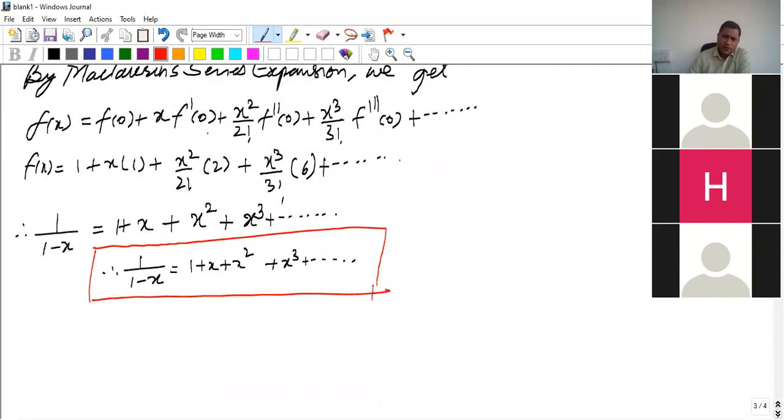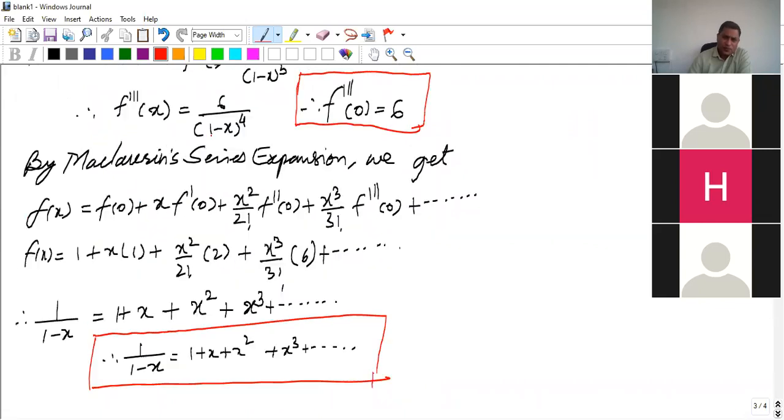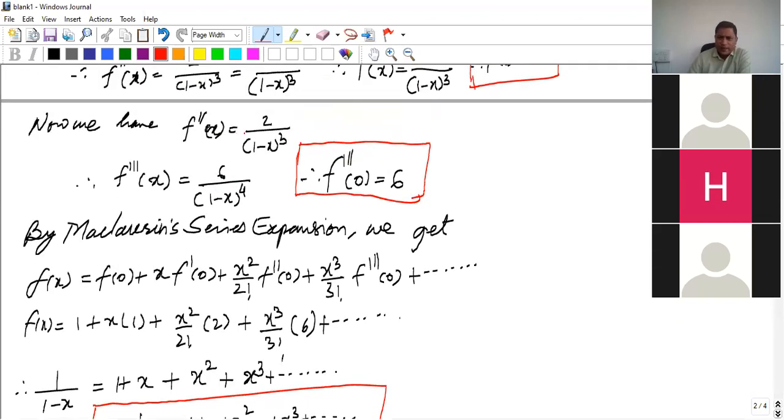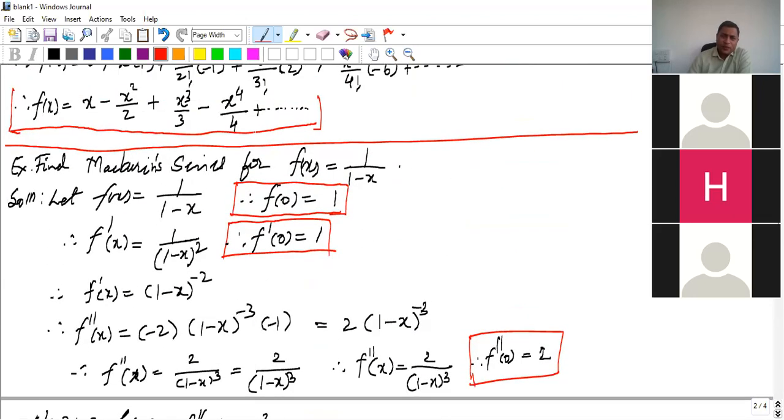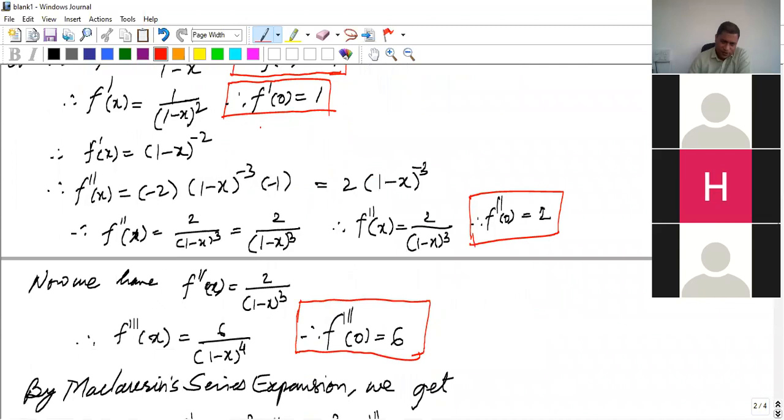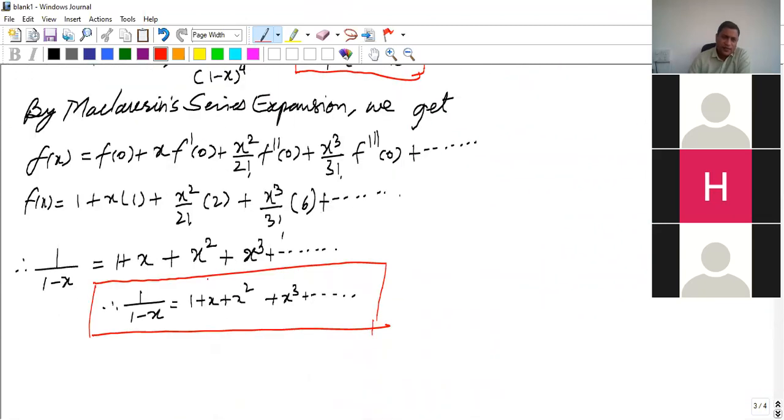Sir, I have one doubt. Now we are stopping at 4 terms, right, sir? Yes. So we can stop at 3 terms also, sir? Yes, we can. So that's what I initially said. I can claim that I have a series if I have at least 3 terms. In 2 terms, we cannot claim the series. So to say that this is the series expansion, I should have at least the first 3 terms, but I'm calculating one more than required.